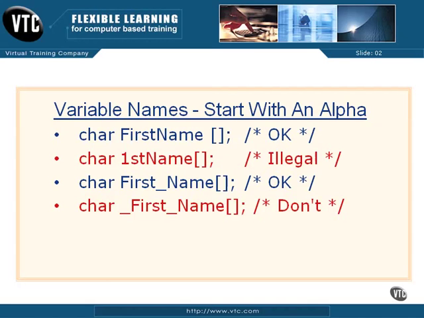And you don't want to use a single underscore in regular C either, because many times the compiler will use a variable with an underscore as the first character itself. So we don't want to do that so that we don't accidentally get crossed up in what the compiler is trying to do when it compiles our code. So really it's just easier if you don't. Just don't use an underscore as the first character of your variable name.